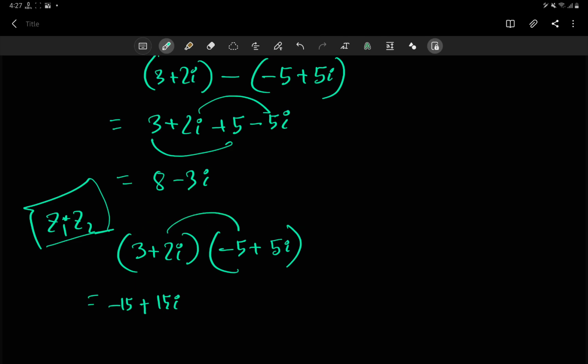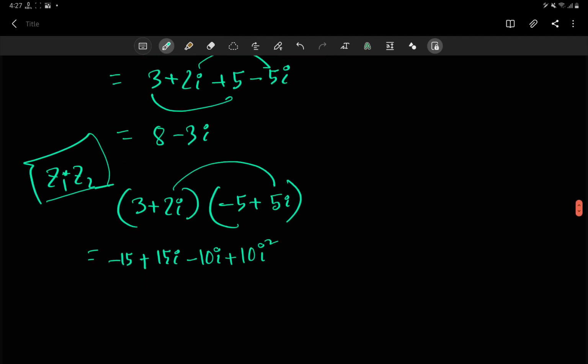Then we have 2i times minus 5, that is minus 10i. Next we have 2i times 5i, so plus 10, and we have two i's here, so we have i squared.